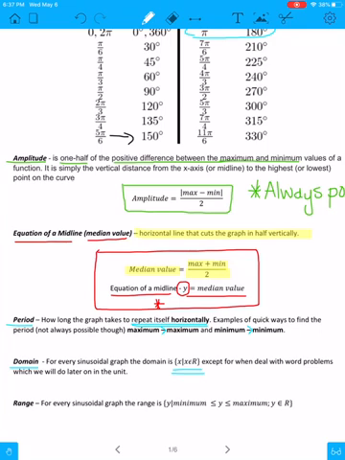Your range of your sinusoidal function, you have a graph that does something like this. So your y values exist from here, your lowest, to here, your highest, and all of your y values in between. So from your minimum to your maximum, including all of the y values in between.